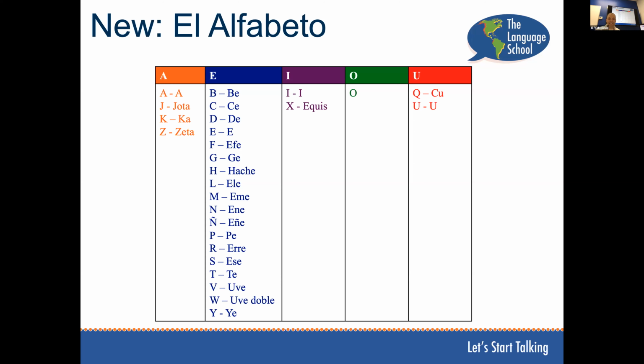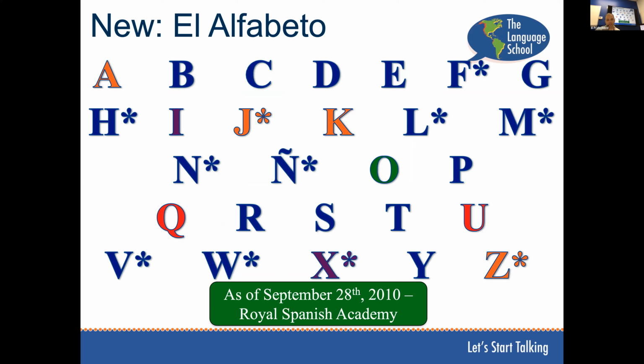Next we have E. And just 2 here. E. X. And then O. There's only 1 letter there. And then finally U. Ku. U. So for the most of these, when you're learning your alphabet, you can kind of default to the A sound. That's going to cover you in most of these.